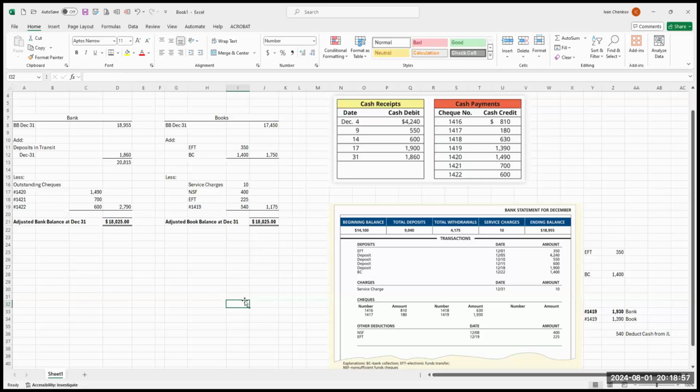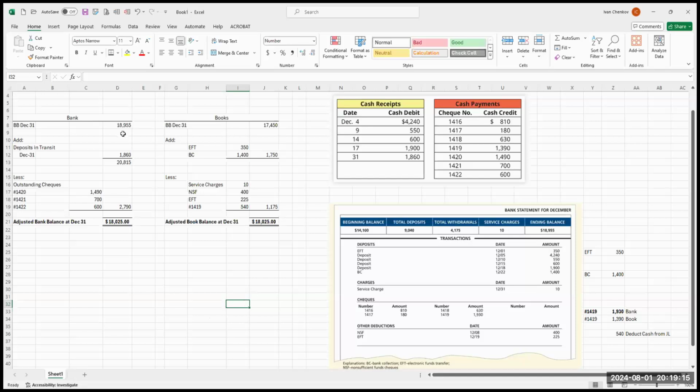At this point, we can ask, what's the amount of cash that I have available? And you can clearly see that the amount of cash that you have available at this point is $18,025. Why is that?